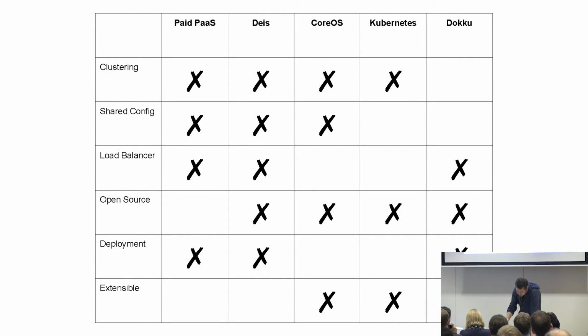Then we've got Deis. I actually gave that a go because that was using CoreOS, which I knew had a lot of momentum, but I couldn't get it running the first time I tried it. So I just gave up and thought I can do much better than this. Then we've got CoreOS, which sits a bit lower in the stack since it's not a PaaS, but a toolkit, but I thought I would list it here.